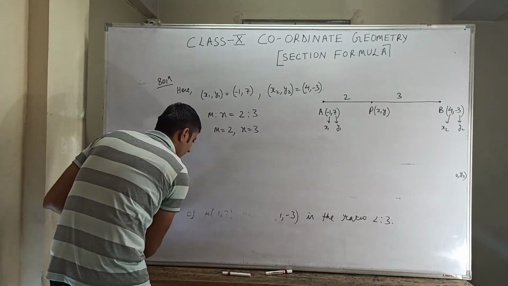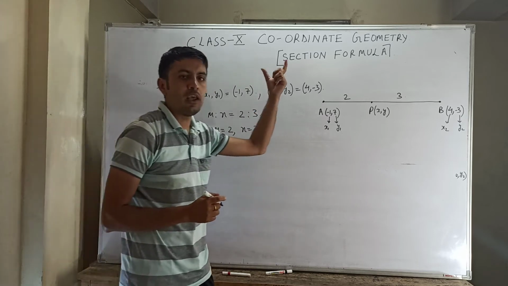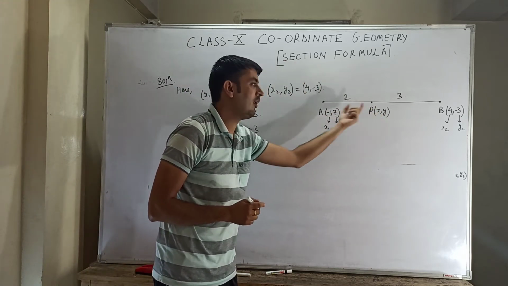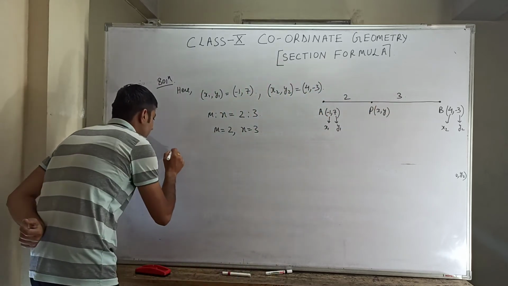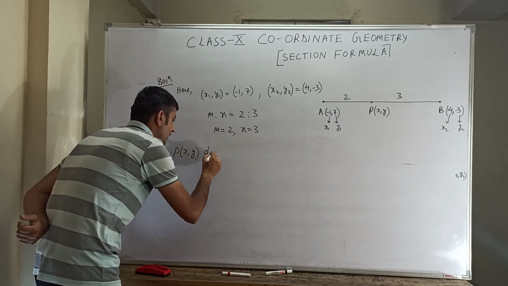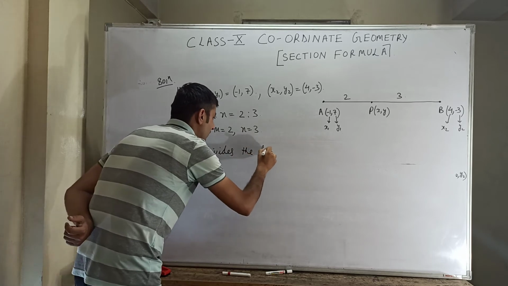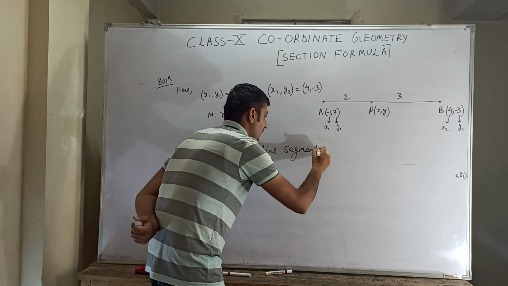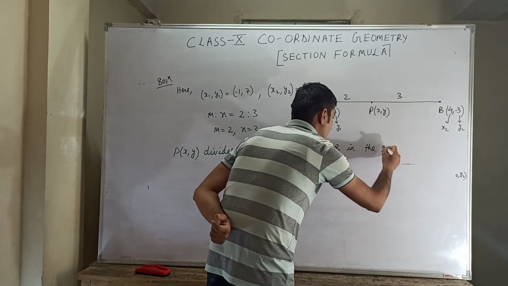You can write down the writing part. Don't make it very complicated. Just write down: P x comma y divides the line segment AB in the ratio.